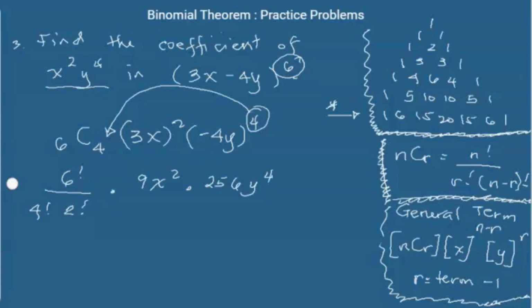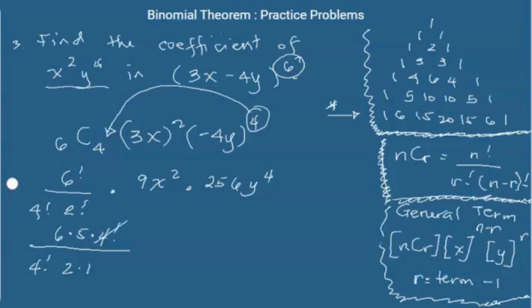Let's simplify this factorial. That's 6 times 5 times 4 factorial. I want to stop at 4 factorial because I can cancel it with the 4 factorial in the denominator, and 2 factorial is just 2 times 1.